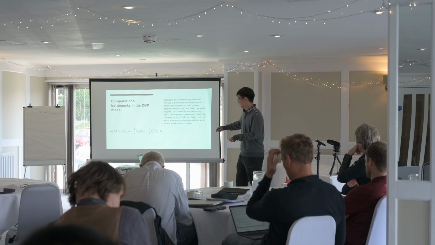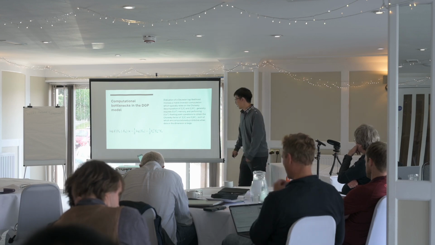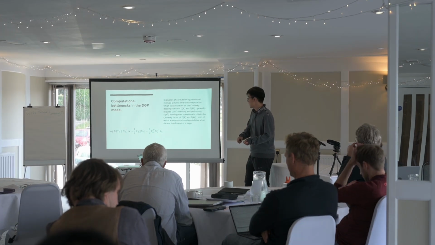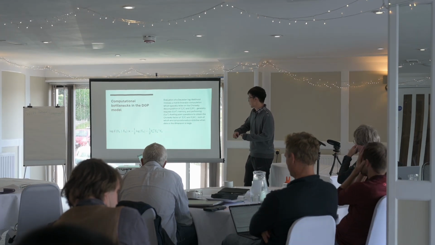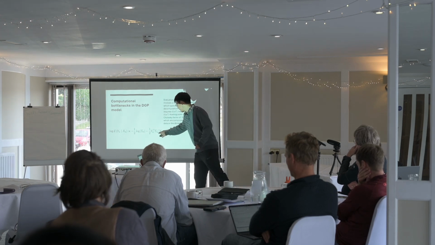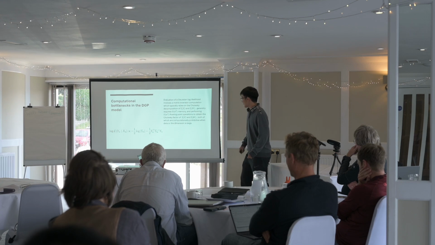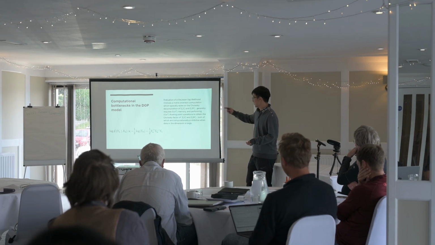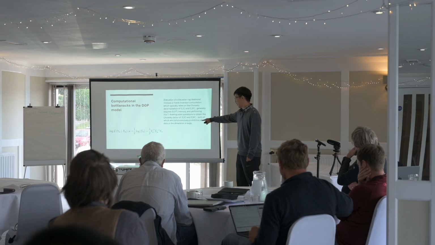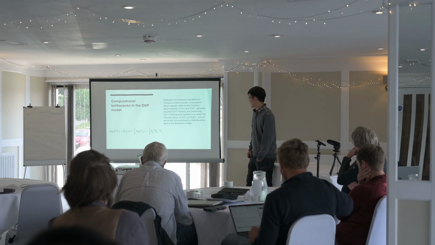And as you can see, this is the log likelihood of a Gaussian process model. Every time you do an evaluation of this log likelihood, which involves the matrix inversion computation here, this Sigma_n, and this typically relies on the Cholesky decomposition of the covariance matrix Sigma_n.